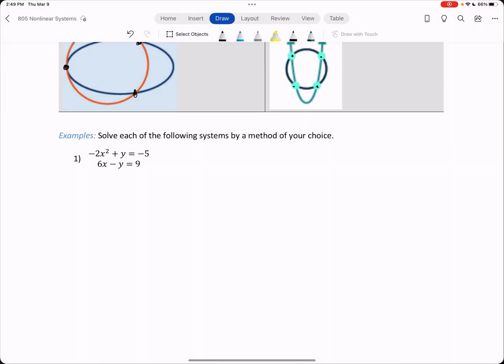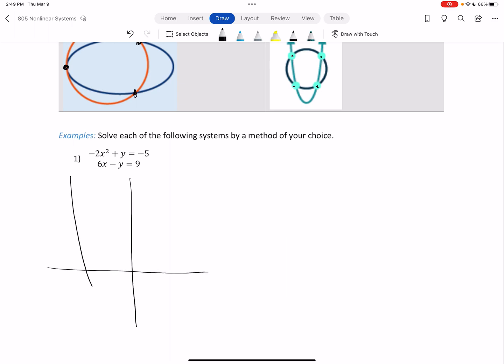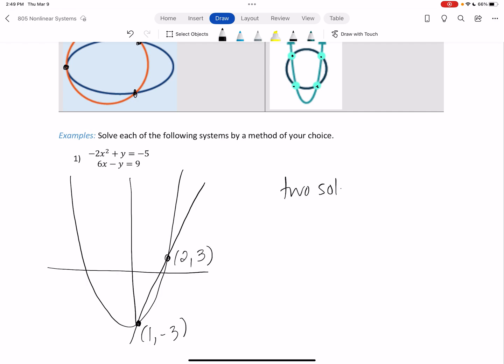So I had a parabola and a line, and it crossed in 2 places. So this has 2 solutions. The first one is 1 comma negative 3. The second one is 2 comma 3.